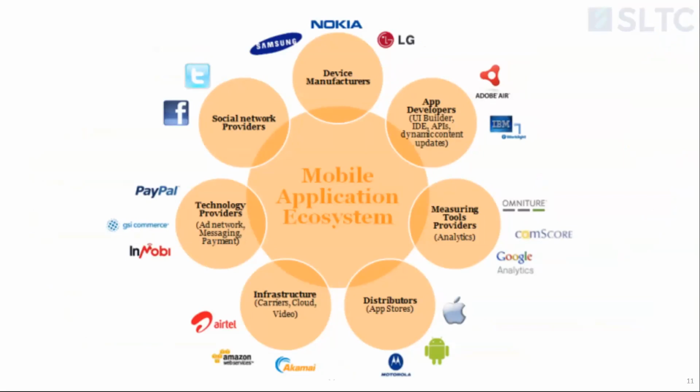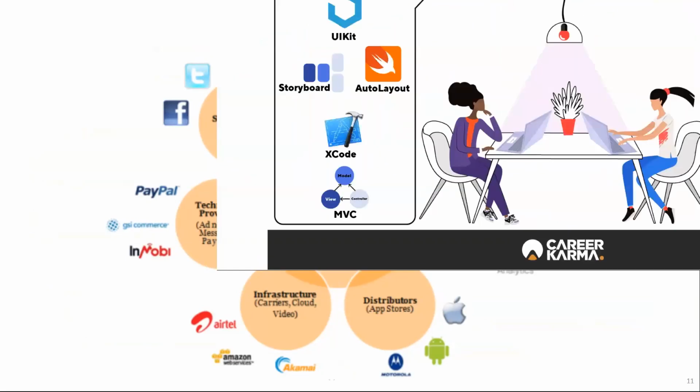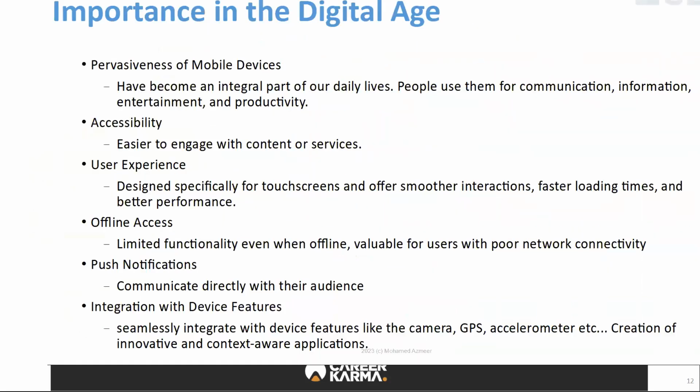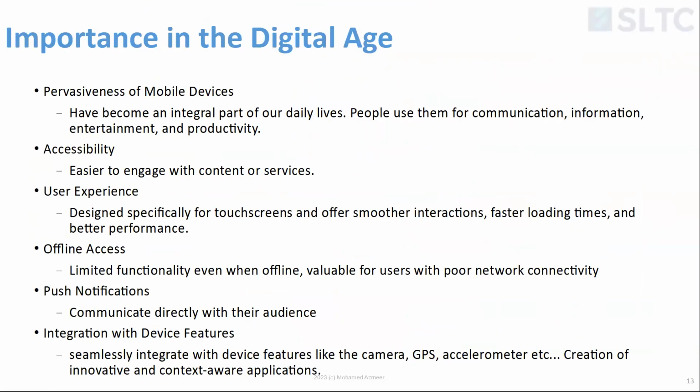Here's another way to look at it. These are all, by the way, from last week. We also realize right now, as of now, we have only two famous mobile platforms, Apple and Android. And we also talked about why mobile application is important in the digital age.